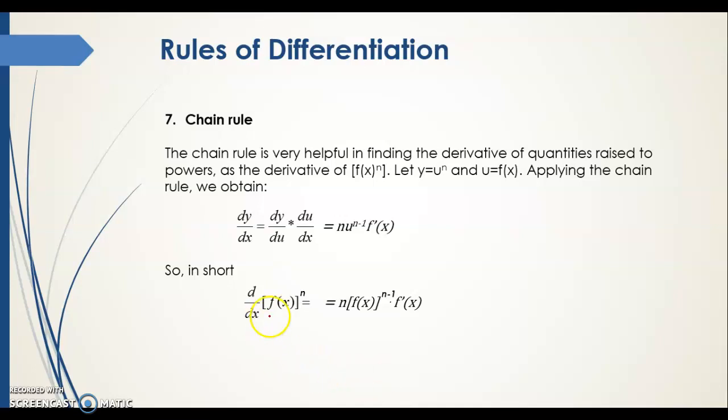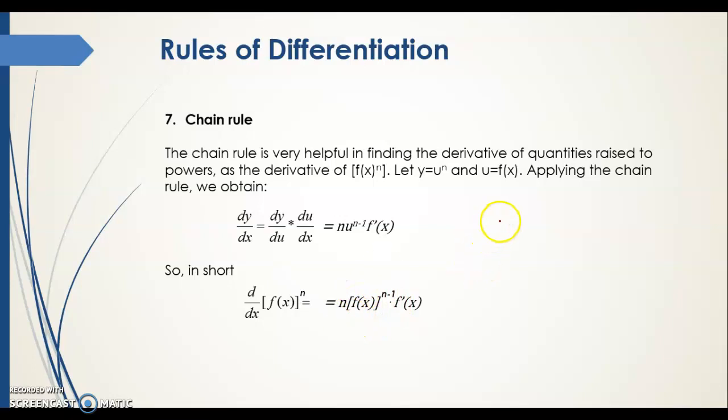If we apply the direct power rule, it says that if your function is x raised to power n, you simply move the power and multiply it with the function, and the function power will be subtracted by 1, into the derivative of the function.